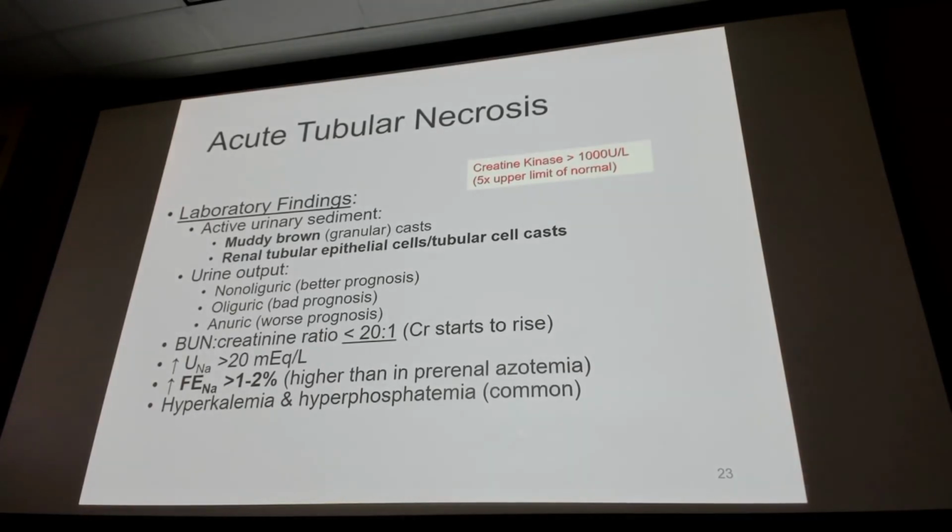As in, a person comes in with a constellation of symptoms, and on their urinalysis, they see muddy brown casts. Think ATN. Okay. And again, fractional excretion of sodium, greater than 1 to 2%. There will be several questions about fractional excretion of sodium, or that include fractional excretion of sodium.